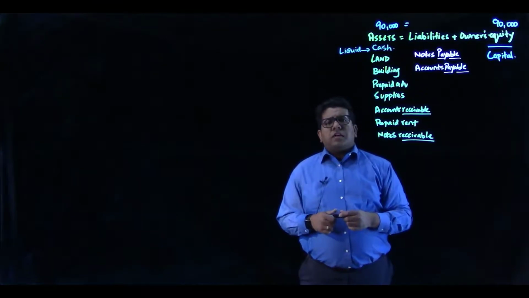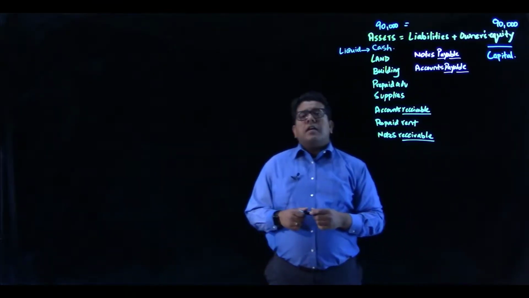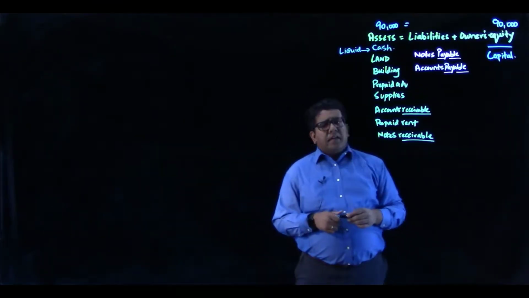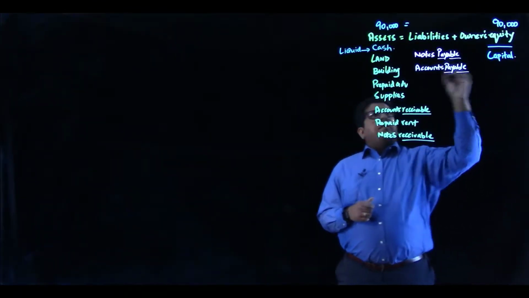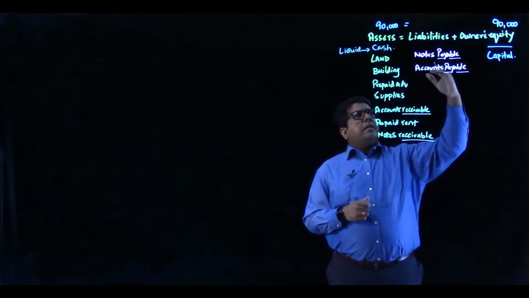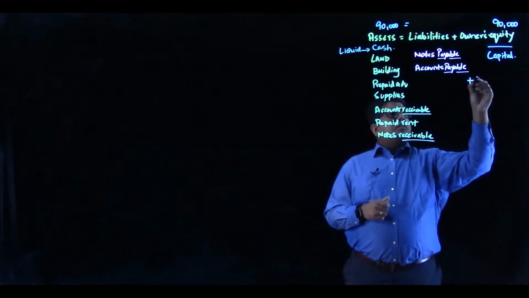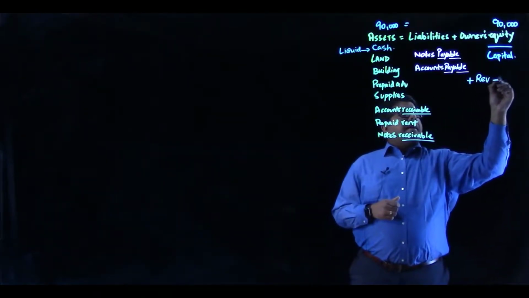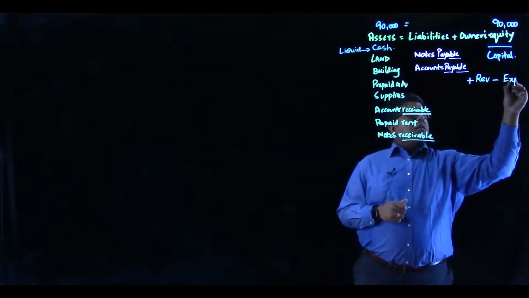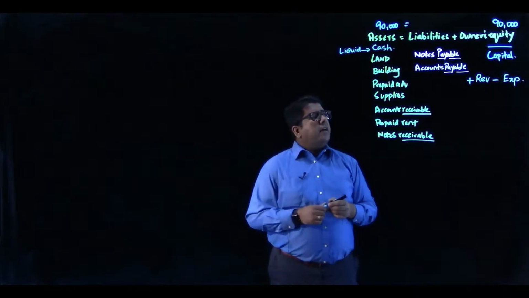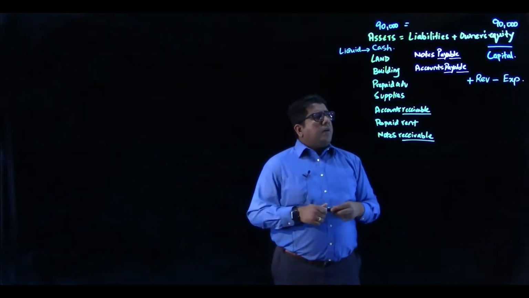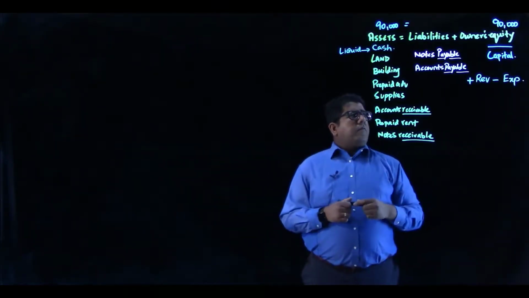and list other things which are included in the equity portion of it. Equity also includes revenue. So the accounting equation continues: assets equals liabilities plus owner's equity plus revenue minus expenses. I'm abbreviating here, but I'm sure we can figure it out.